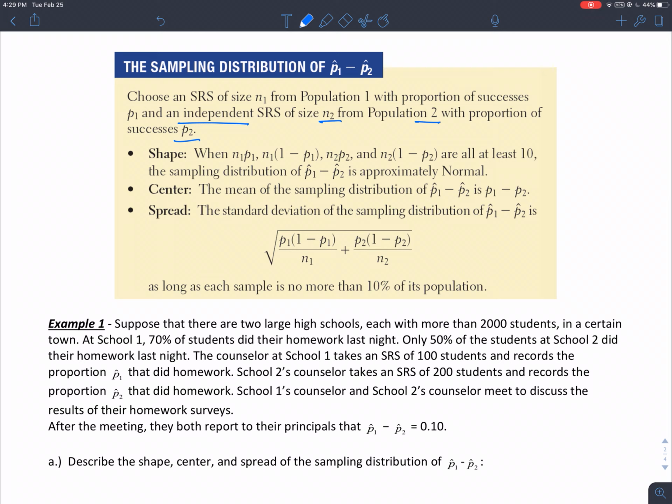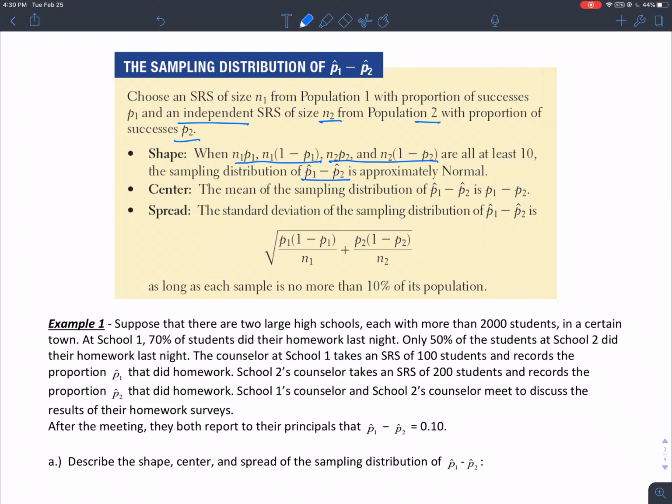As long as the sampling distribution for the first population meets the large counts condition and the sampling distribution for the second population meets the large counts condition, then the sampling distribution of the difference in proportions will also be approximately normal because the shape doesn't change.